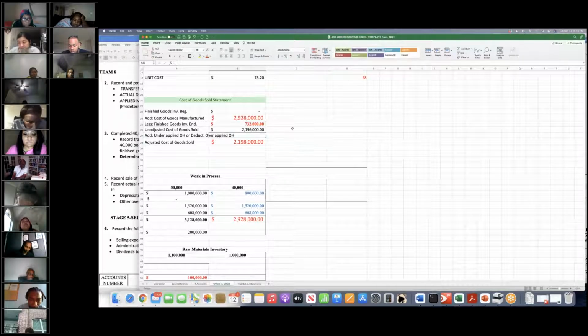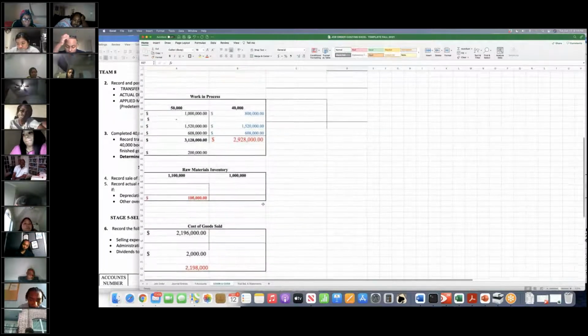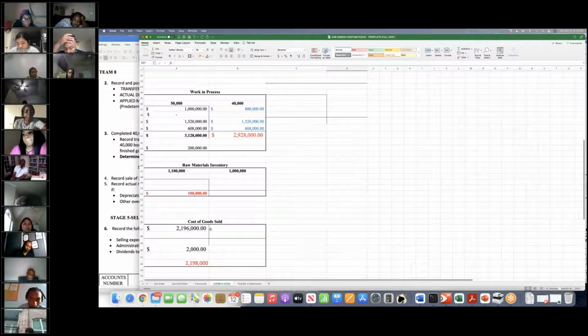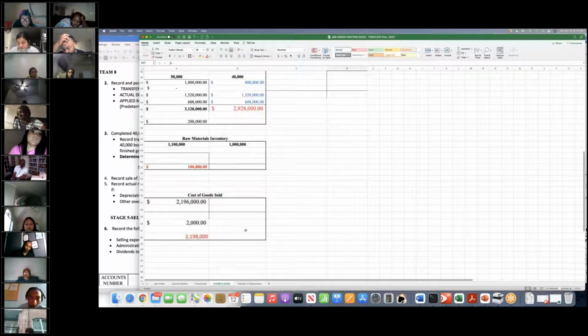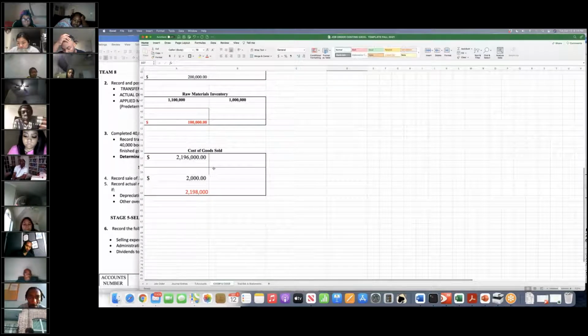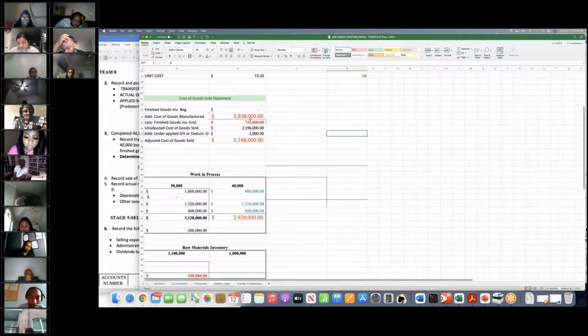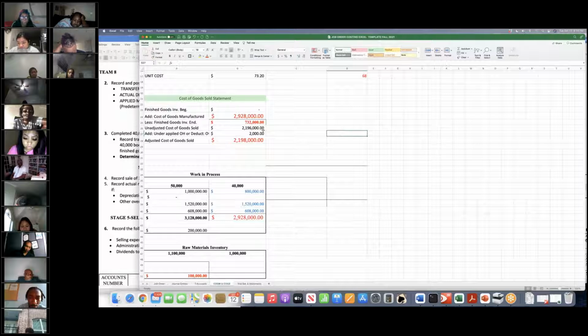Then we underapplied 2,000. So we come back to that 2,198. So if you look in cost of goods sold, that's the 2,196,000 right there. And here's your 2,000, 2,198. So you can reach right in there and get those numbers. So several ways to do it, but they're right there in your T accounts.